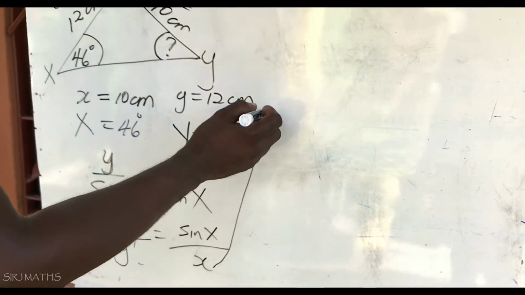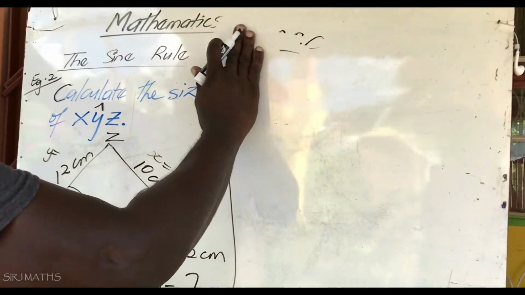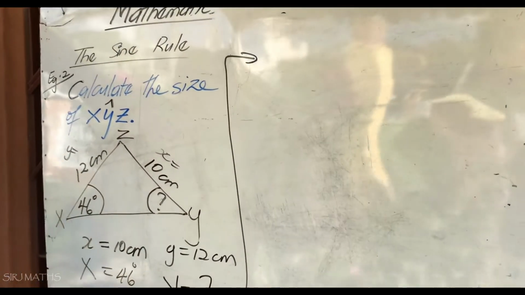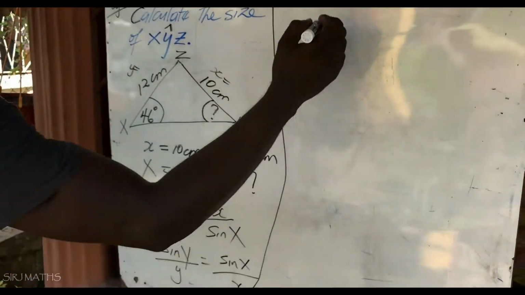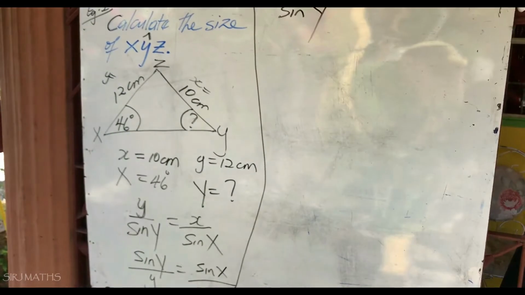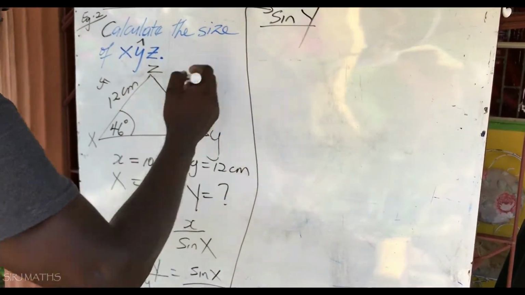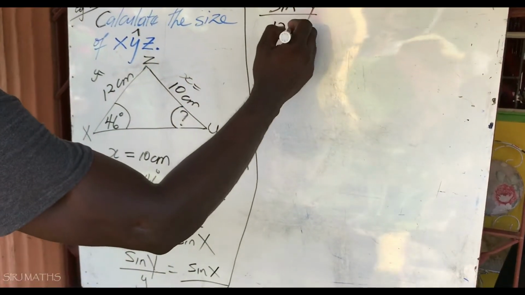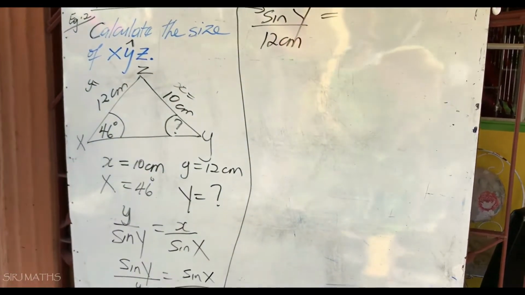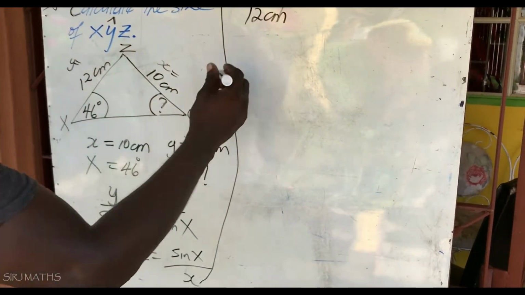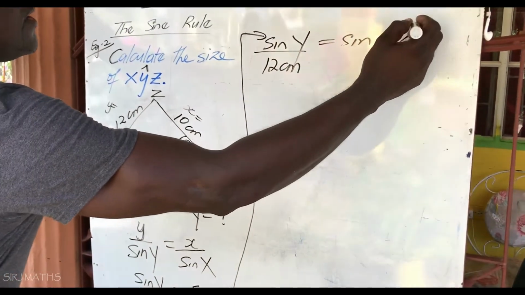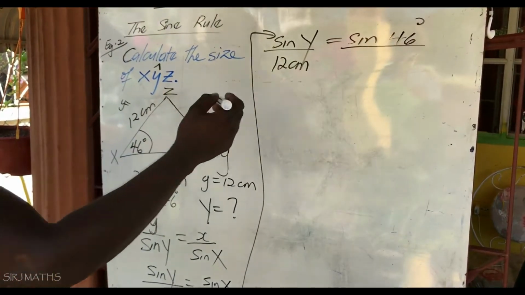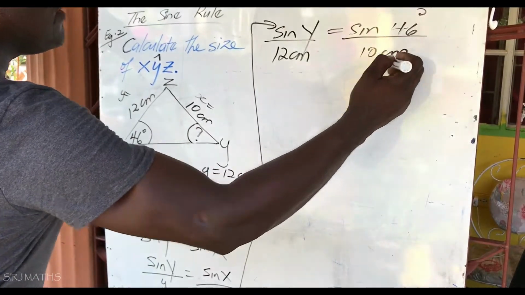Now, put this now, we'll have sine of y, so it's sine of angle y, which I don't know, so I maintain the angle, over little y, which is 12 centimeters, equals sine of angle x, so it is sine of 46 degrees over 10 centimeters.